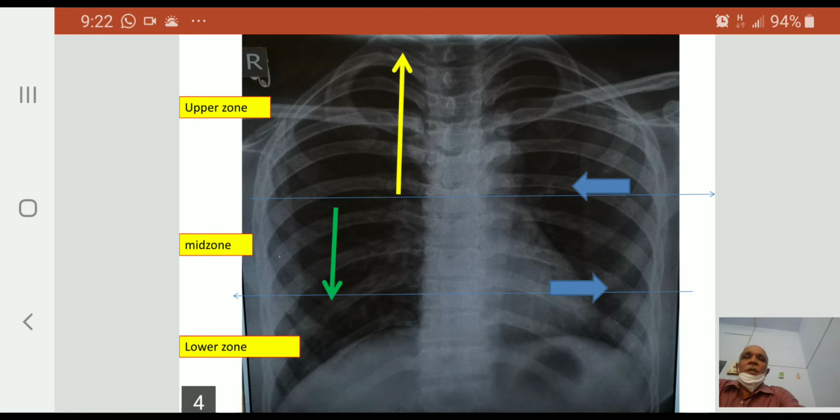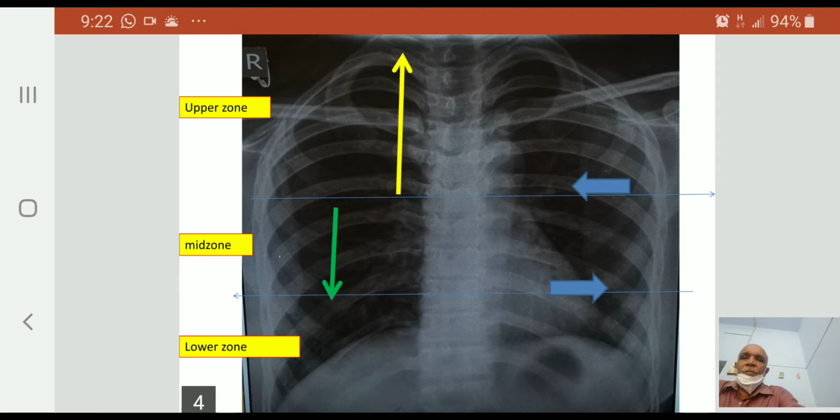In this X-ray, the blue arrow on the upper level is at the end of the second costochondral junction. The area above a line passing through this level up to the apex is the upper zone.